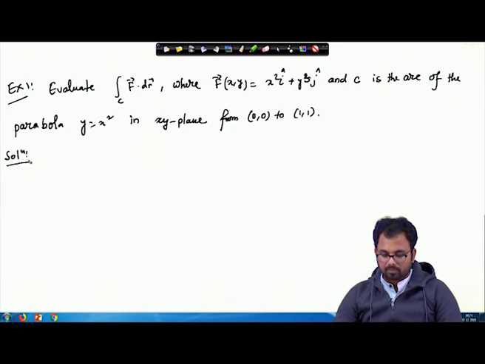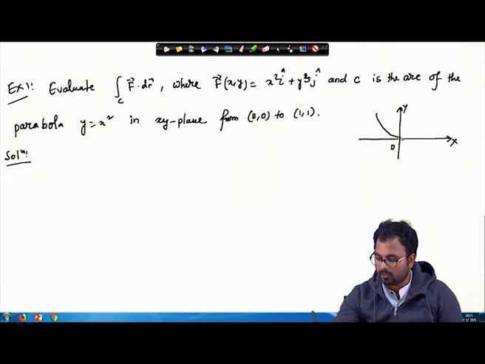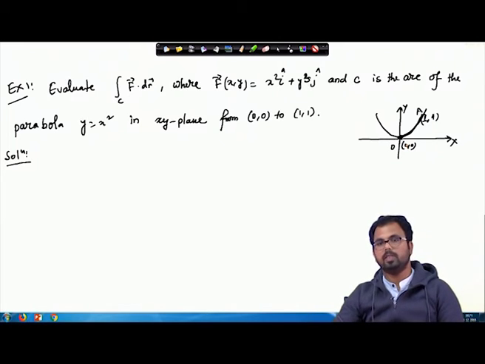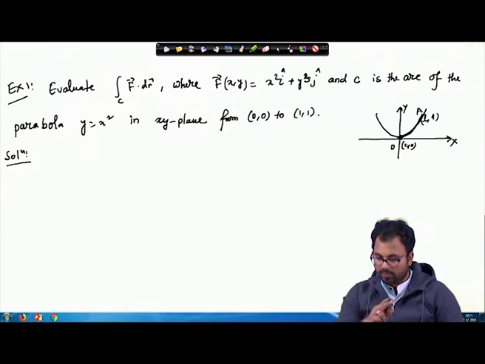Now, if we want to draw the figure, then this is our x, this is our y, and that is our parabola touching the origin, and we have to calculate the line integral from (0, 0) to (1, 1), along this arc, say O to A. Along this arc we have to evaluate the line integral for this function f.